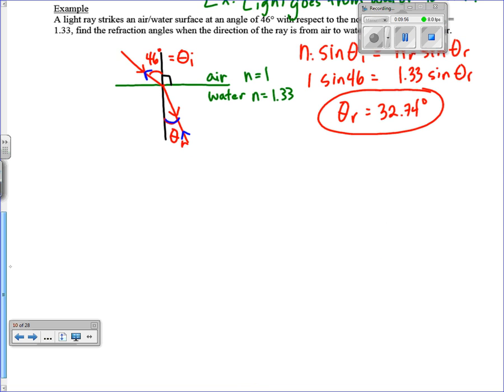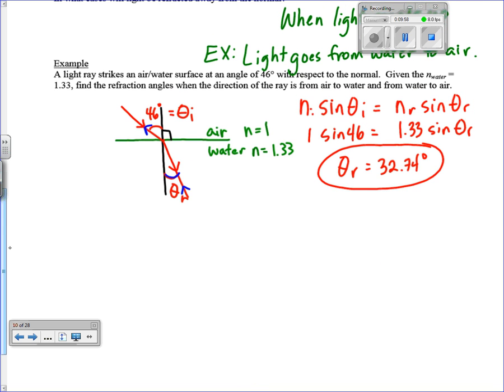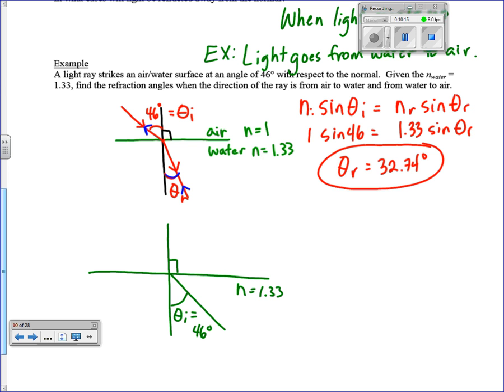The problem is asking me to solve it again, but this time my incident angle is in the water, and that's 46 degrees. And now I've got to find the refracted angle.